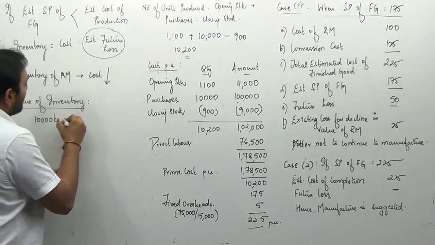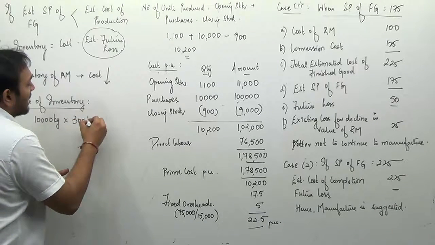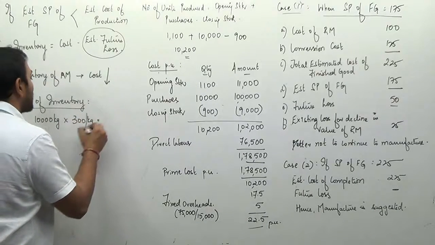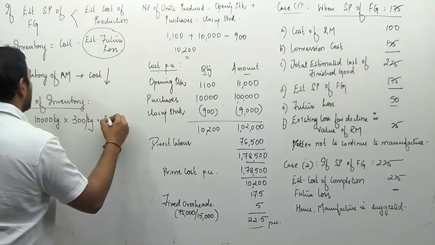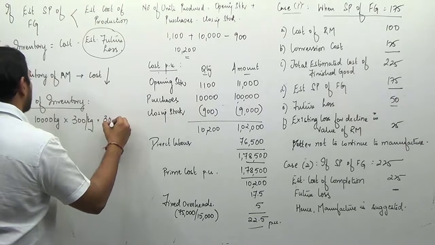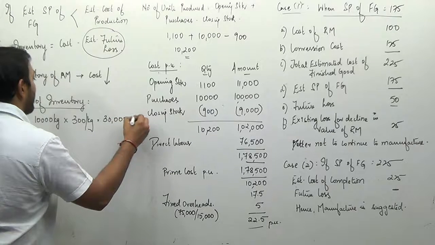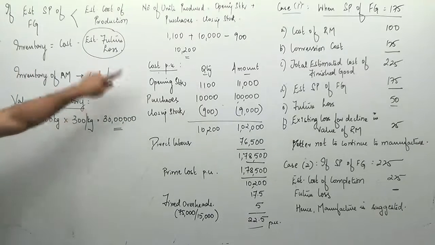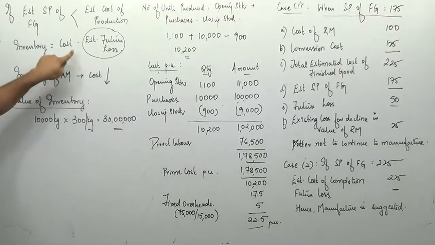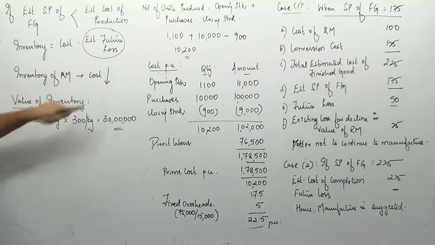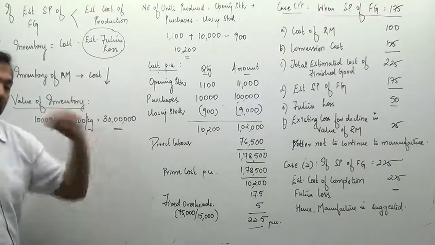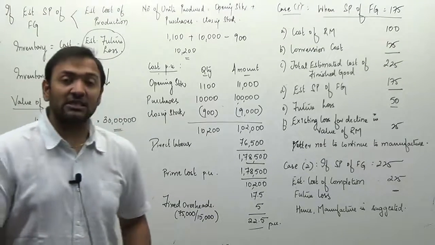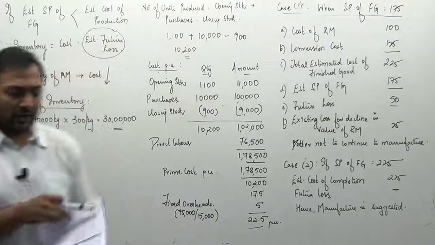The most reliable figure, lower than cost, I'll take 300 rupees per kg. That is 30 lakhs. But well, if I know the estimated future loss, I would have deducted it from cost. Since this information is not there, I am valuing it lower than cost. So lower than 400, the reliable measure which is given in the question is 300. Take that value.